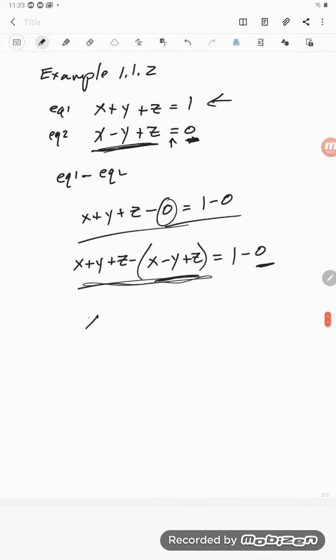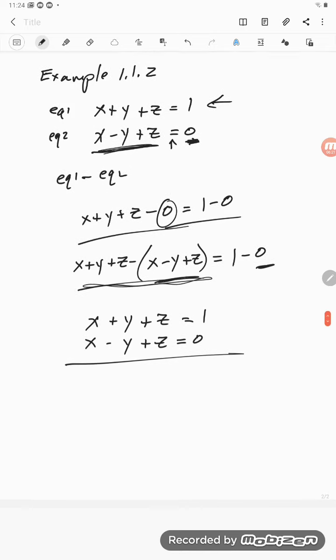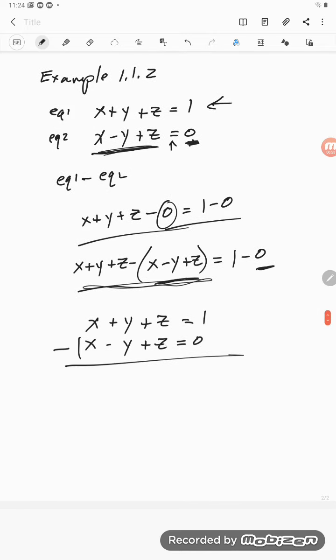Instead, you have everything lined up. So there's x minus y plus z equals 0, and I would just do the subtraction this way. So minus all of that and minus that thing. Now, x minus x is 0. Now be careful with negatives.